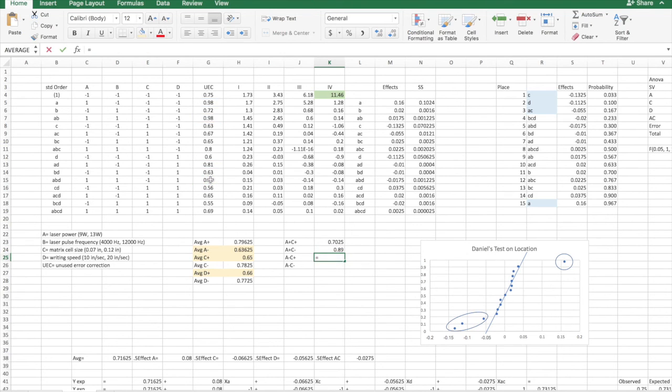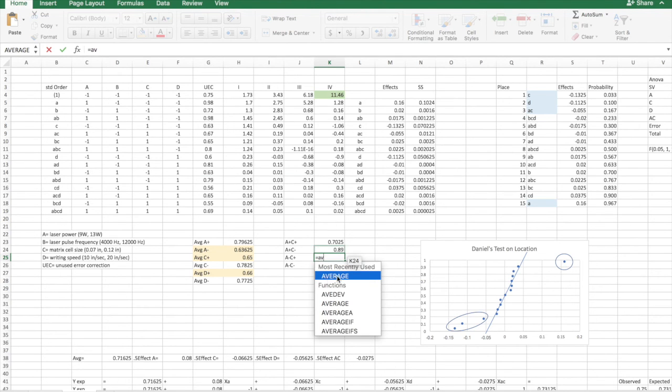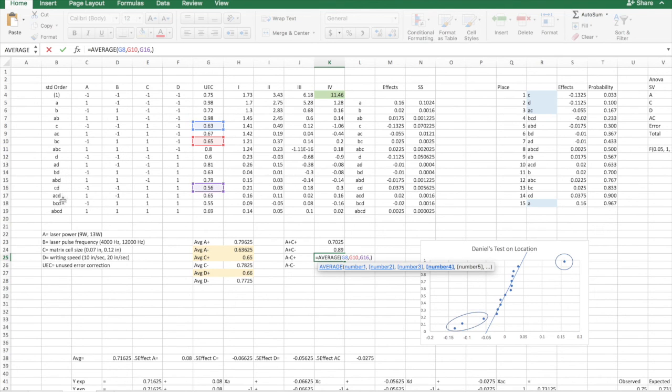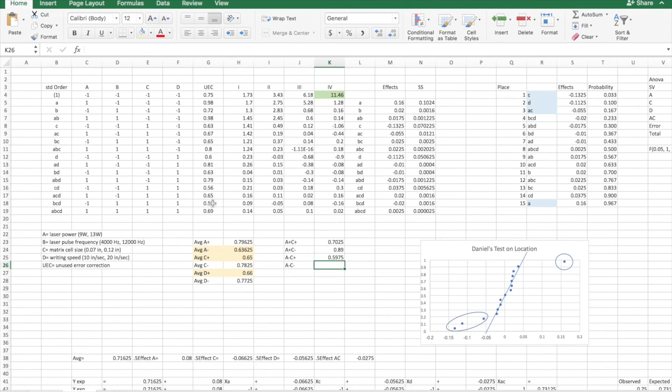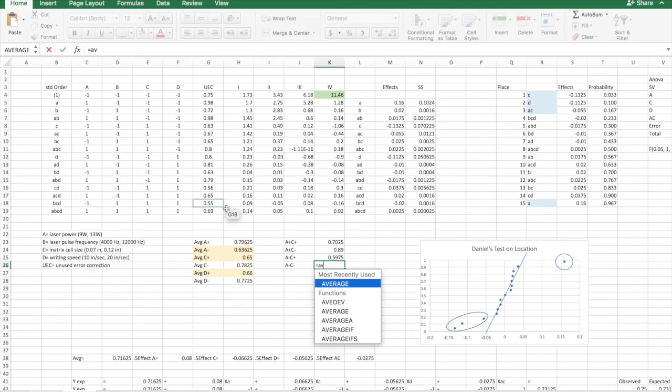And then we have to do the average when A does not appear, and C does appear. So for example, in here, C appears but not A. In here, C appears but not A. In here, C appears but not A. And in here, C appears but not A. And then we select the ones where neither of them appears.